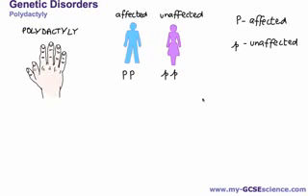Now in terms of the baby that they have, will the baby have polydactyly or will the baby not? Well, it depends on how they inherit these alleles, and I've done these as capital letter and a small letter for a particular reason, because the allele for being affected by polydactyly is what we call dominant, and for unaffected is recessive.